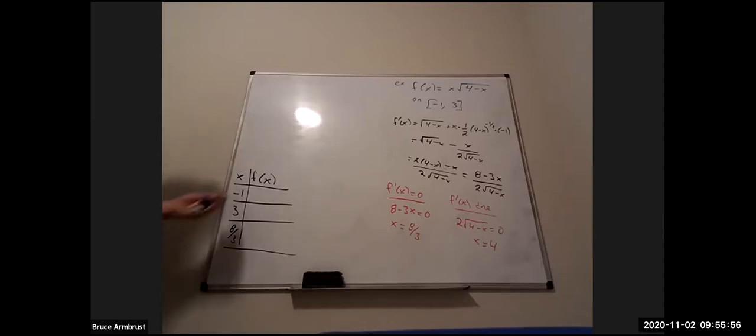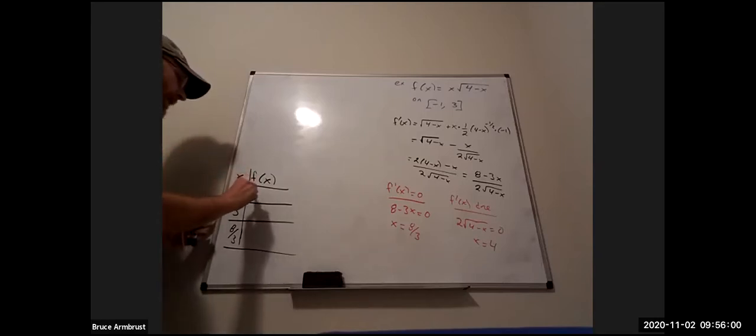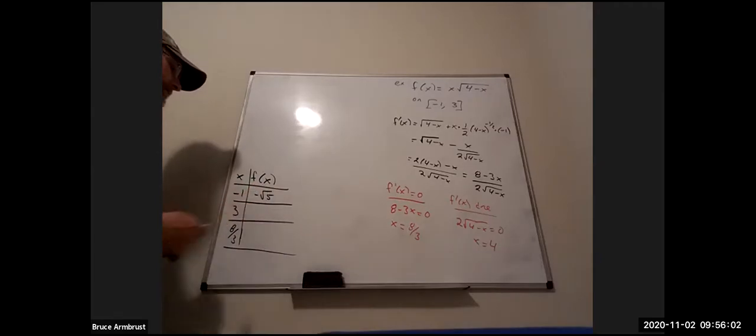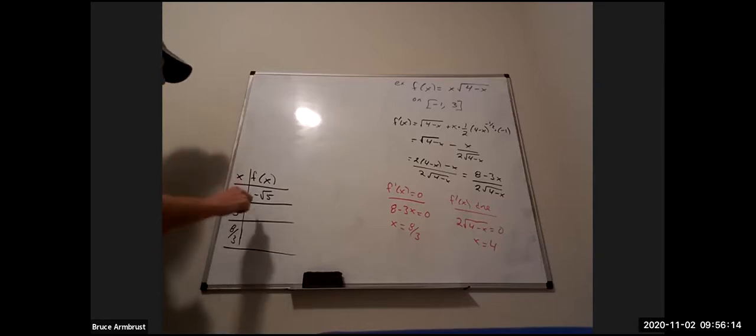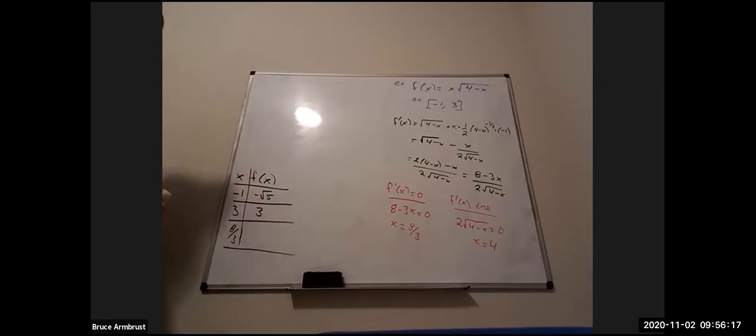All right, so plugging them in. When I plug in -1, I get -1 times the square root of 4 minus -1. That's -√5. When I plug in 3, I get 3 times the square root of 4 minus 3. Well, that's 3 times the square root of 1, which is 3.